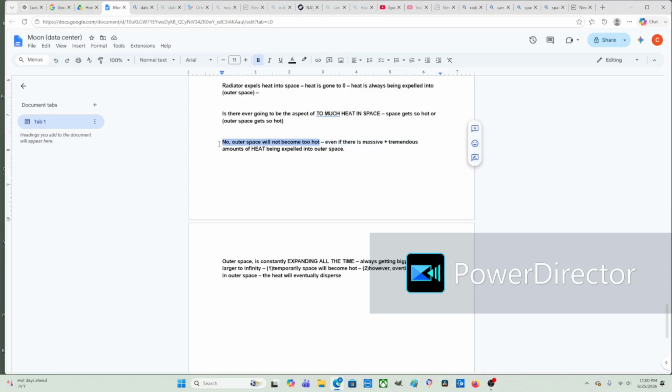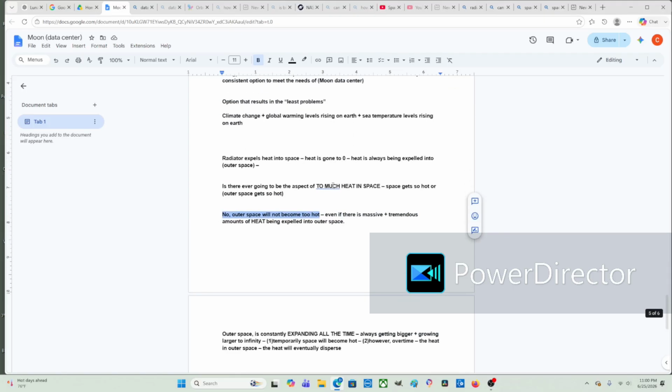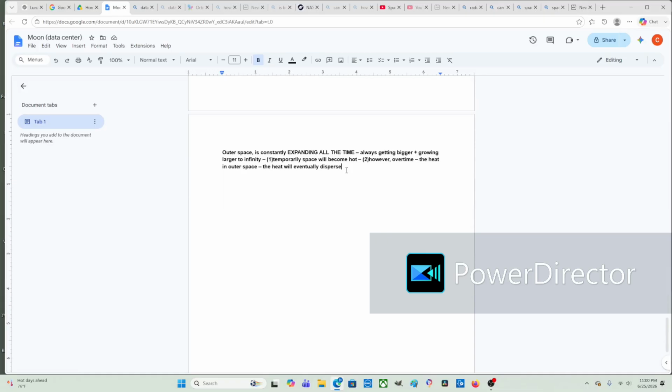Space becoming too hot is not a problem, according to Apple AI. But Earth becoming too hot, which leads to climate change, global warming levels rising, ice caps melting, weakening of Earth's magnetic field, these are problems.